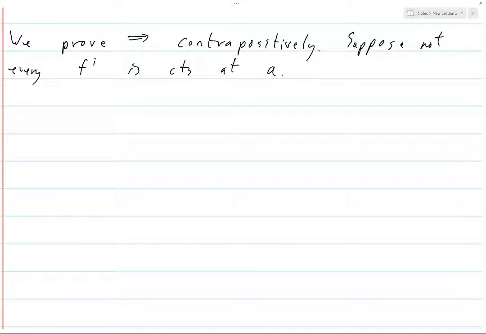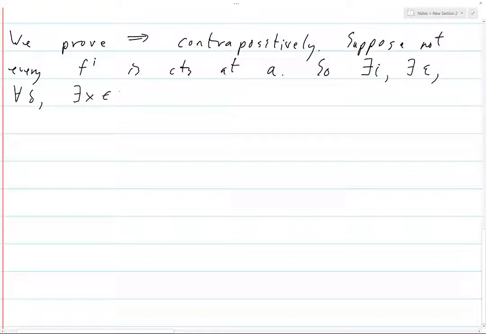So if that's not the case, that means that there must exist an i and there must exist an epsilon such that no matter what delta you choose, there will always be a point in that delta ball such that the difference between f of x and b is greater than or equal to epsilon.